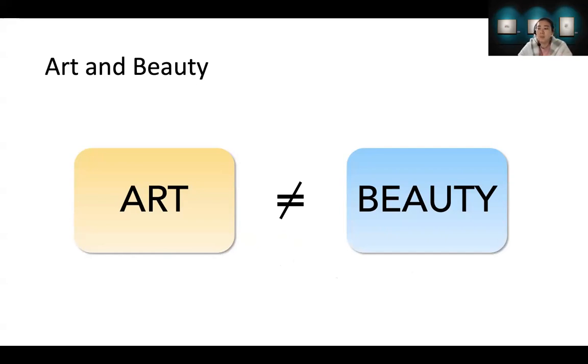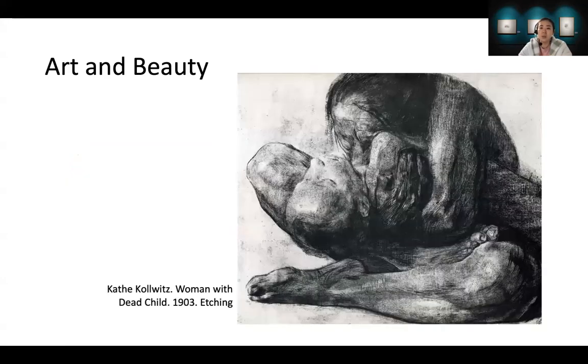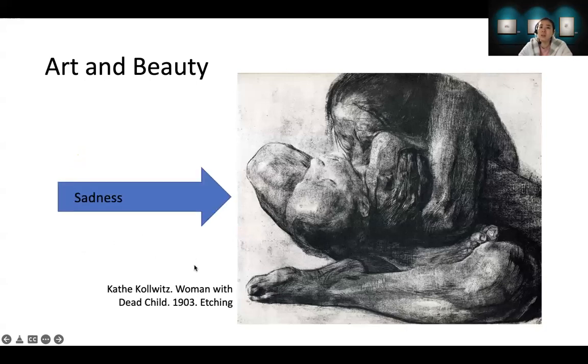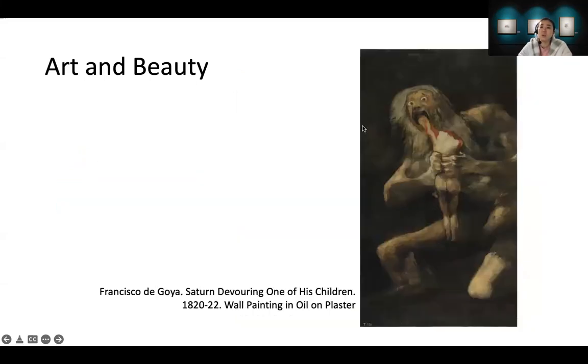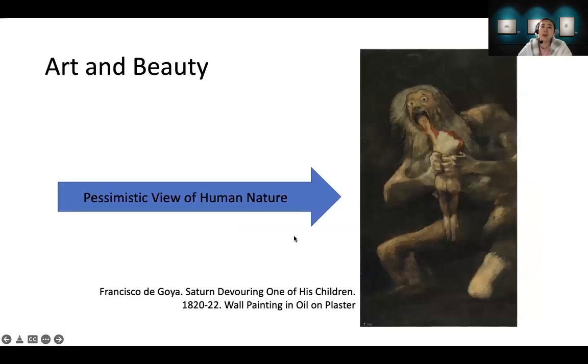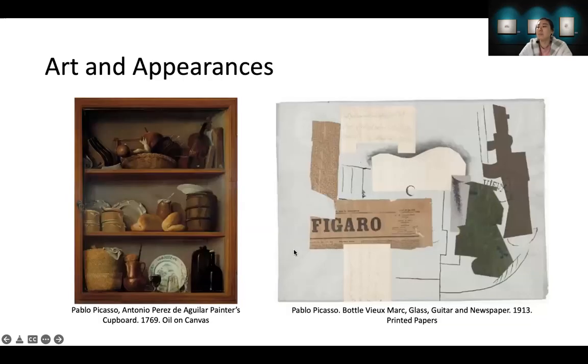So art can be beautiful, but not all art tries to be beautiful. Just like this example: this work of art shows sadness, and this work of art shows a pessimistic view of human nature.